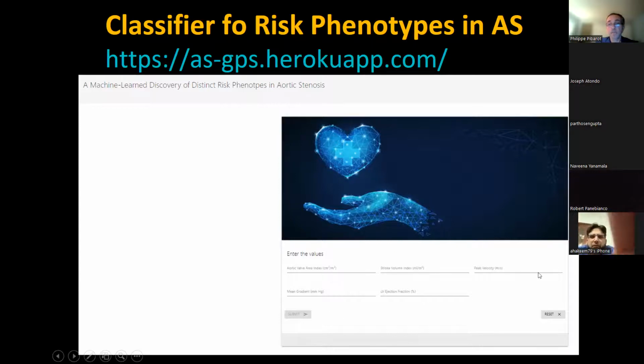You just have to enter the value of these 5 echo features that have been retained by the machine learning algorithm: aortic valve area, stroke volume, peak jet velocity, mean gradient, and LV ejection fraction. And note that these 5 echo markers are parameters that we measure in the context of a routine echo in any patient with aortic stenosis, of course.